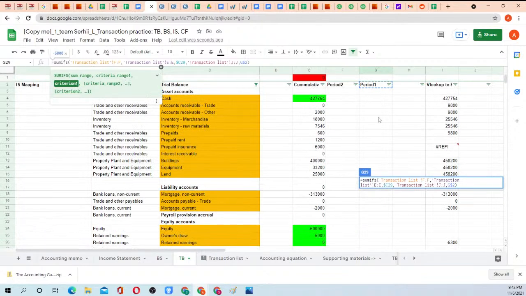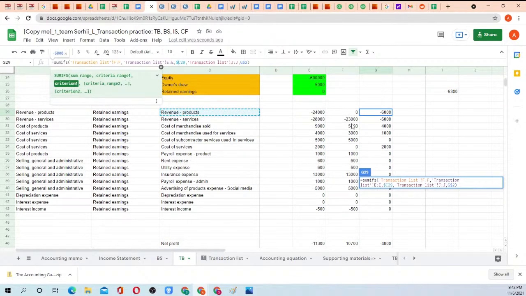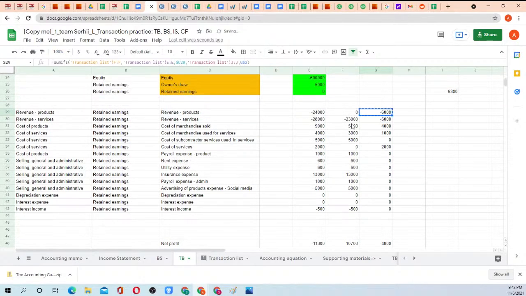And for the period, I fixed a row number 2 because I don't want the row number to change, but I still want the columns to change. And that column is right.